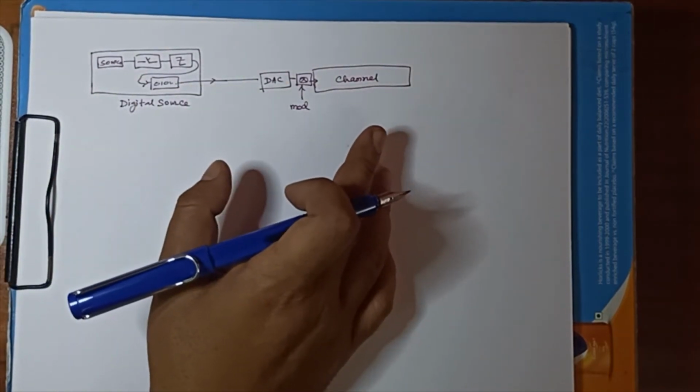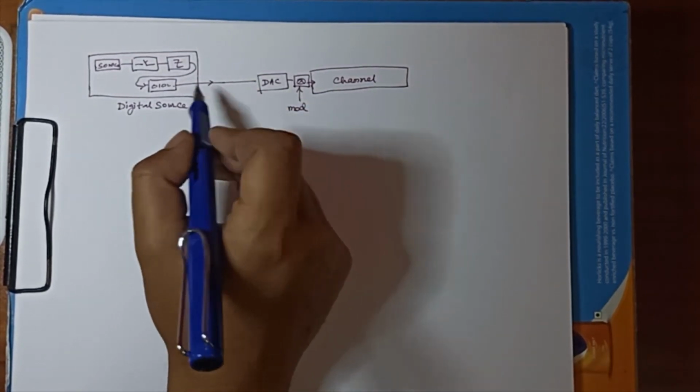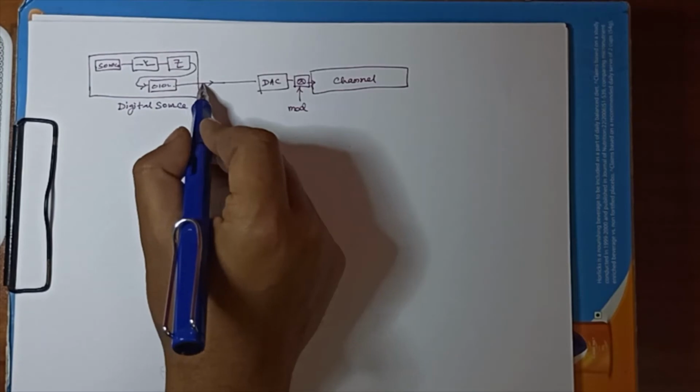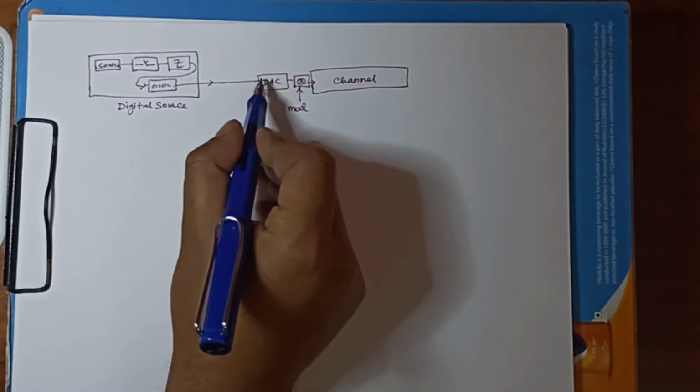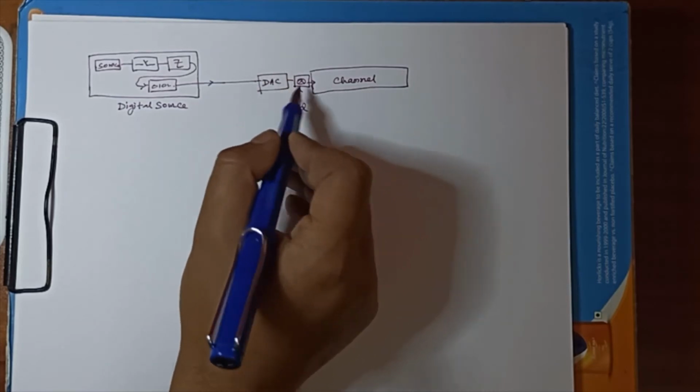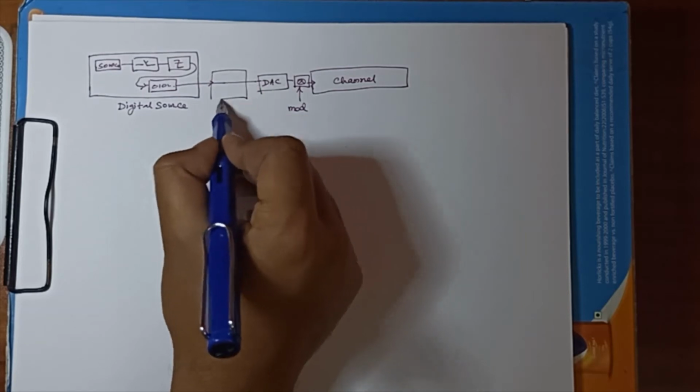But what is there in between? Here you are getting some digital output, and that digital output will go to the digital to analog conversion before the modulation. But here you can do some digital processing.